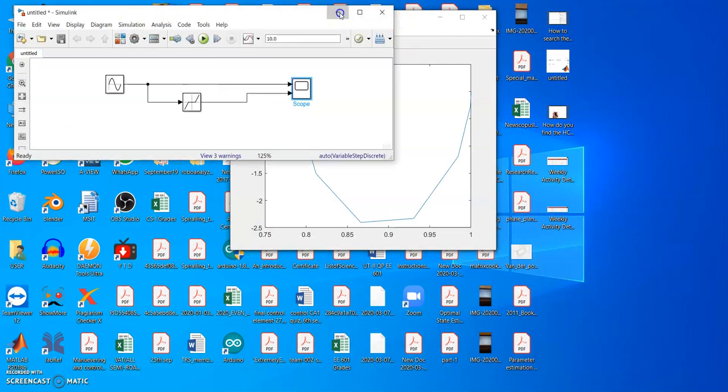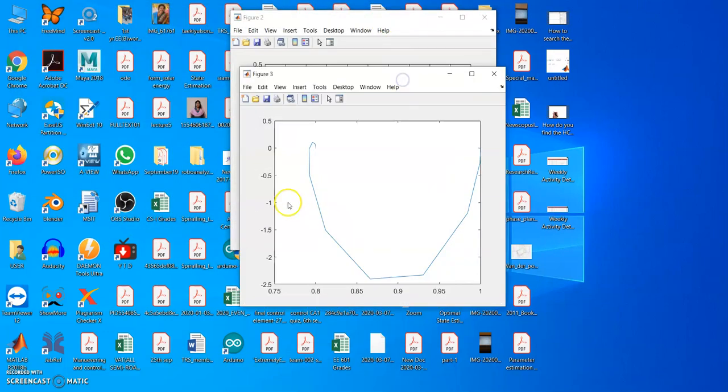So this is the plot of dead zone, this is x-axis error, this is error dot, this is the phase plane plot incorporated with dead zone with the actual linear model.